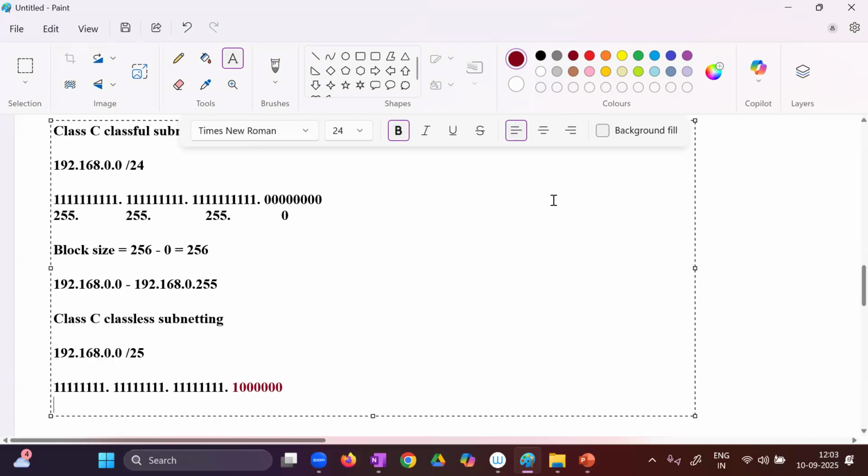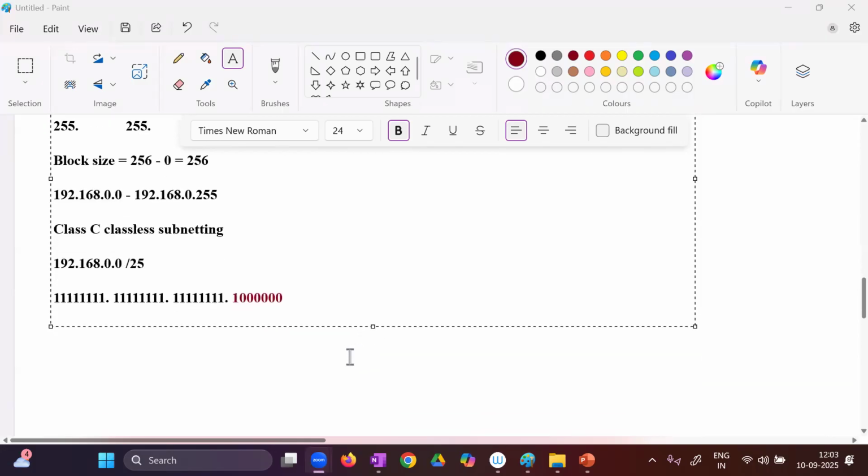Next is what? 255 dot 255 dot 255. What is the value? 128. Okay, 128 is the value, right?